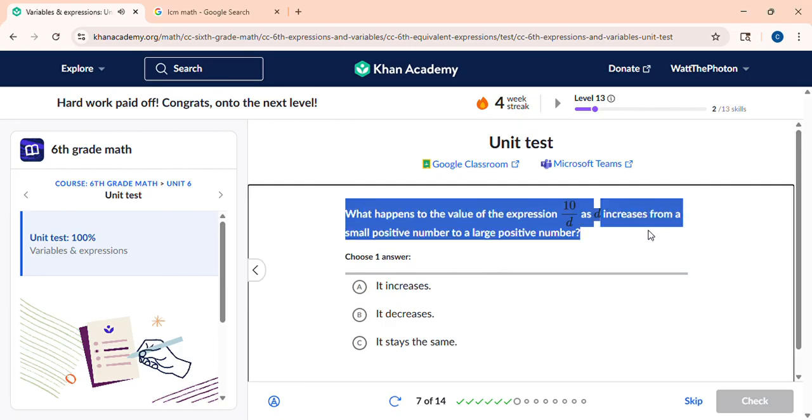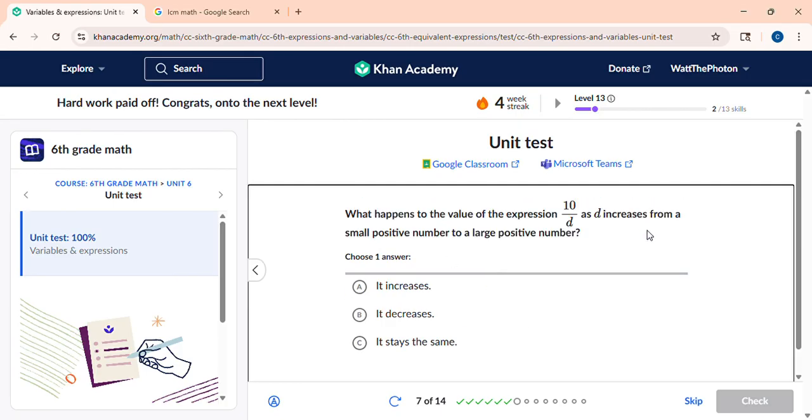What happens when the value of that as d increases from a small, so as d approaches infinity? Yeah, it's basically calculus. What is the total number? It decreases to 0. Right.